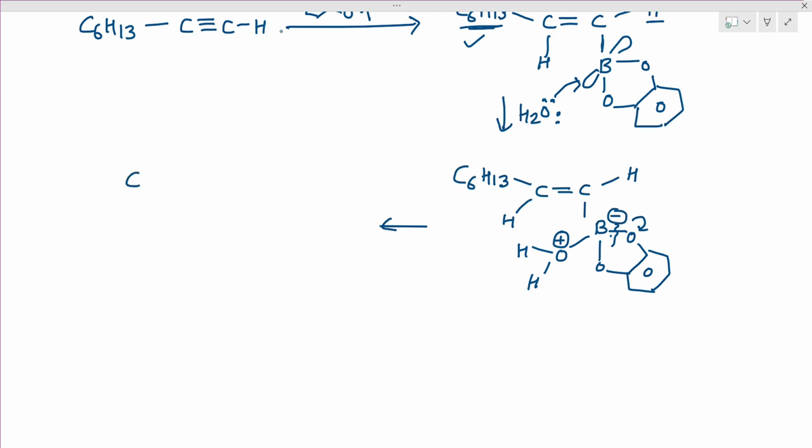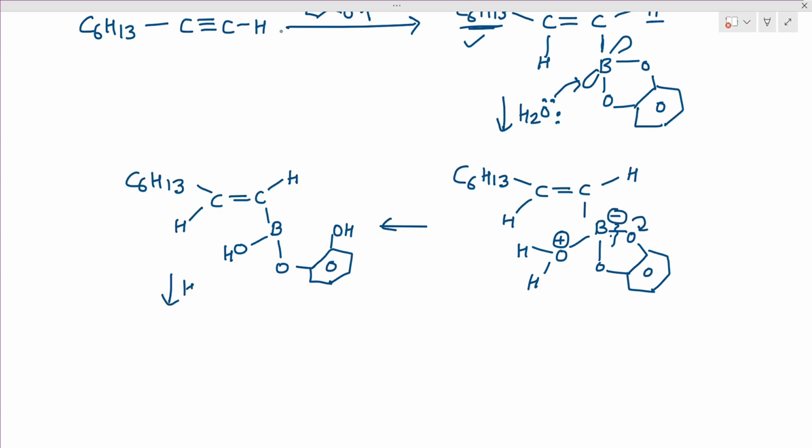So you are getting C6H13, C double bond C, H, H. Here this is boron, this is OH, okay, and this is O, and this is OH. Now again it will treat with H2O. Why?